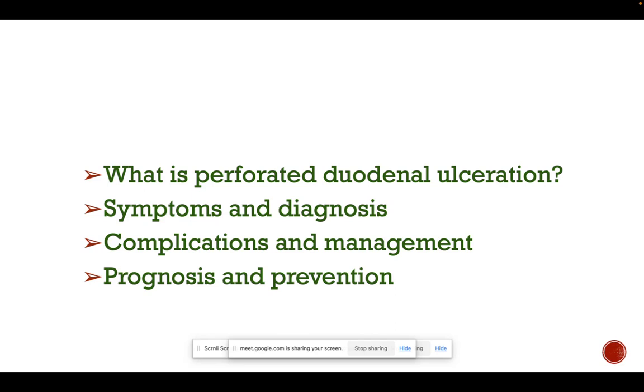Treating underlying conditions like H. pylori infection can also reduce the risk. Overall, the presentation provided valuable insights into the causes, symptoms, diagnosis, management, and prevention of perforated duodenal ulceration. Thank you.